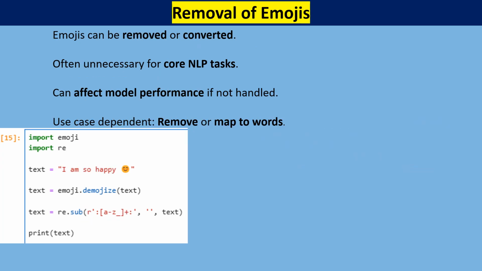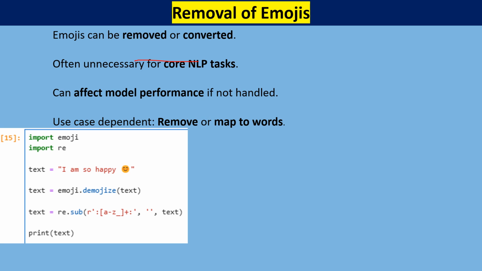Removal of emojis. Emojis can be removed or converted. Emojis are modern language elements that convey emotions, tone, and context. In social media or informal text they are common, but for many NLP tasks like topic modeling, named entity recognition, text classification, and non-sentiment tasks, they introduce noise.